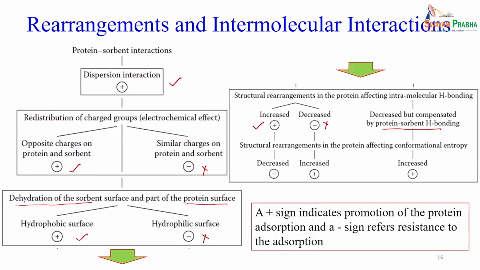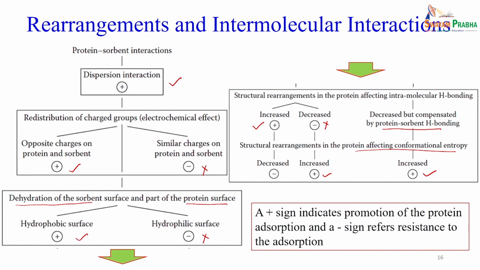After this, there will be structural rearrangement of the protein, which will affect the conformational entropy, because if there is unfolding or rearrangement, there is going to be an increase in entropy, which again promotes the adsorption process.